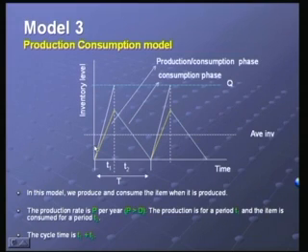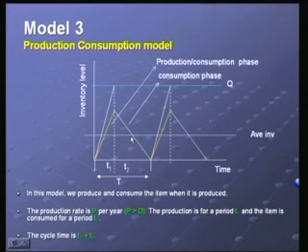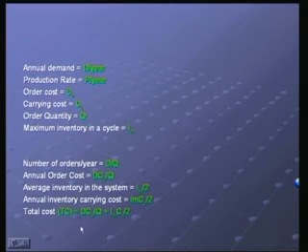Now there is no ordering cost, but there is a setup cost, because every time we set up or want to produce this item we incur a setup cost. So here we optimize the total cost, which is given by the sum of the setup costs and the inventory holding costs. So total cost is D by Q into C naught plus Im into Cc by 2.